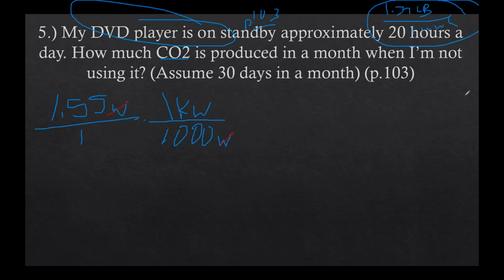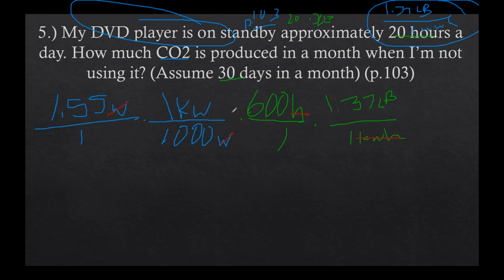Then we need total hours. How many hours are we doing this business? 600, exactly. 30 days in the month, 20 hours a day. So 20 times 30 gave me the 600 hours. Now that I have kilowatt hours, I can do my 1.37 pounds is 1 kilowatt hour.